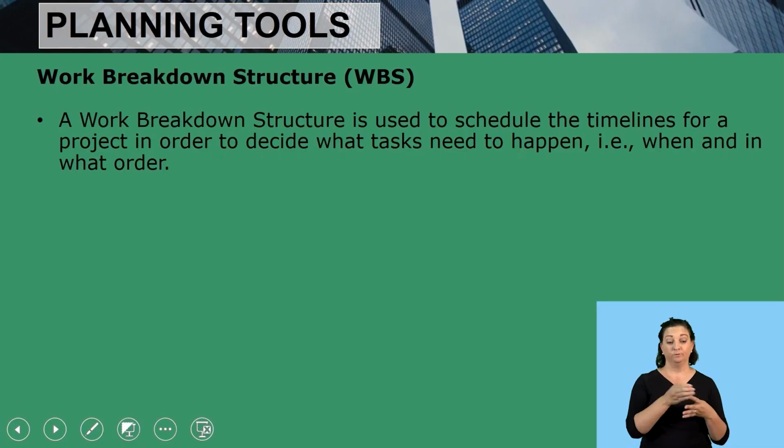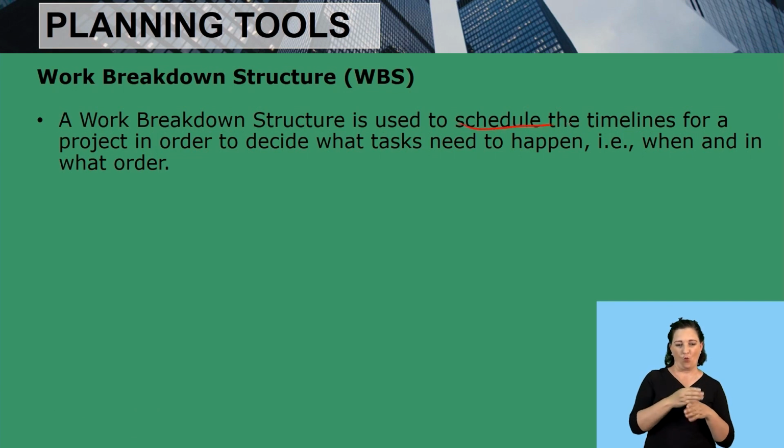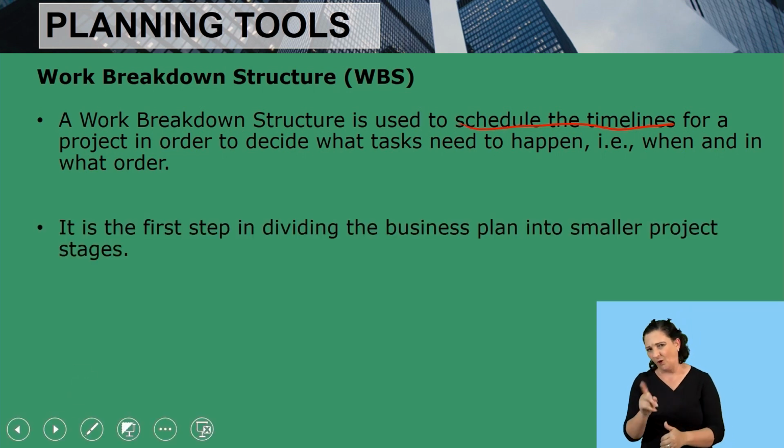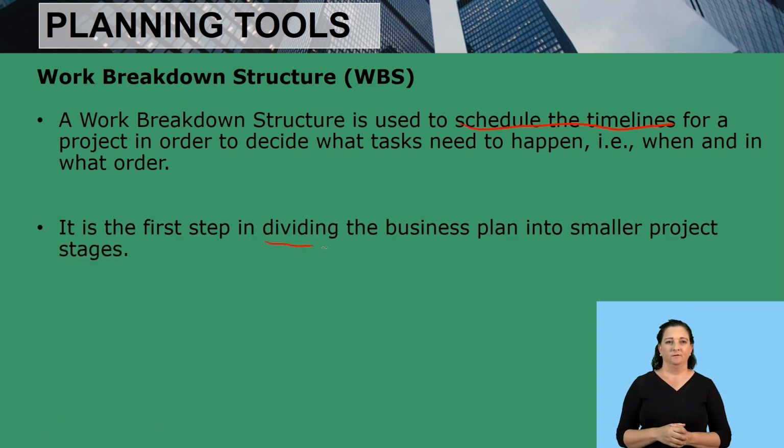Then let's move on to the work breakdown structure, WBS. A work breakdown structure is used to schedule the timelines for a project in order to decide what tasks need to happen, for instance, when and in what order. It is the first step in dividing the business plan into smaller projects.